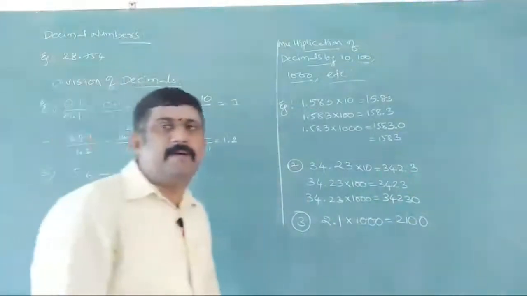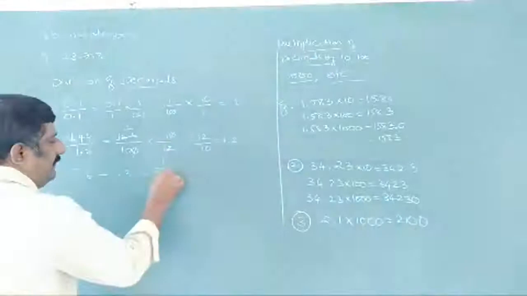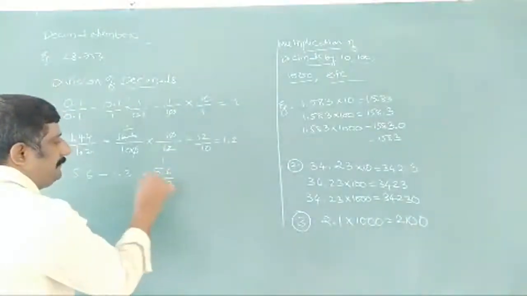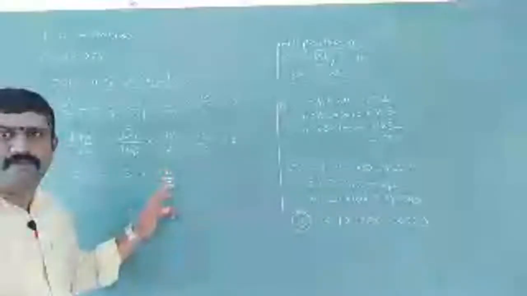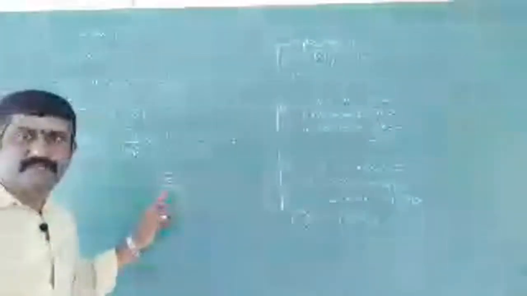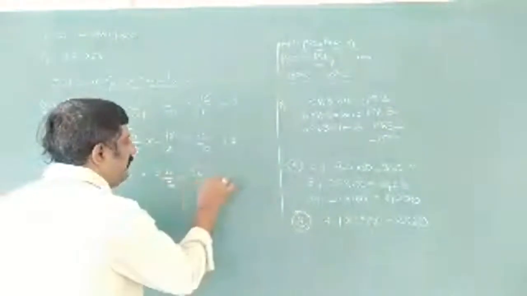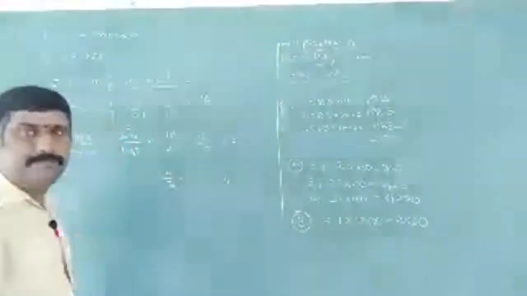Next, 5.6 divided by 1.3. Write down 5.6 by 1.3. After the decimal we have one digit here, and here also one digit we have, so both can be eliminated. That's why we can simply write 56 by 13, or else the answer is going to be 4.